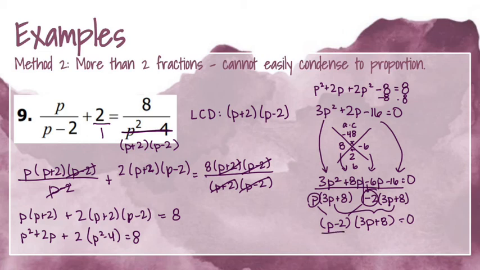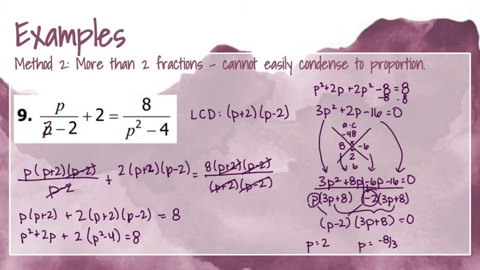Now we have to set each factor equal to 0. And we're going to get p equals 2 and p equals negative 8/3. And then we have to check those. So we go way back here to our original problem, and we see if either of these values make the denominator equal 0. Well, if we plug 2 in here, that's going to equal 0, and that's not allowed.